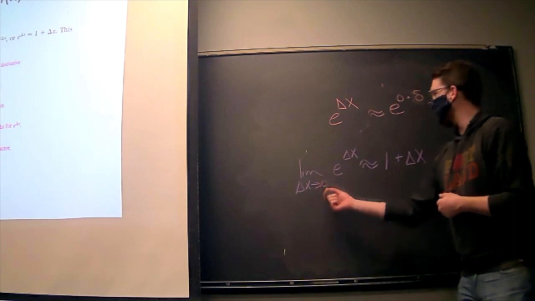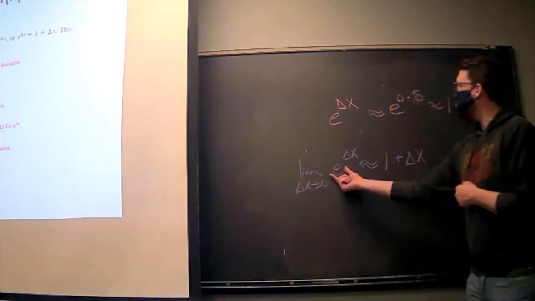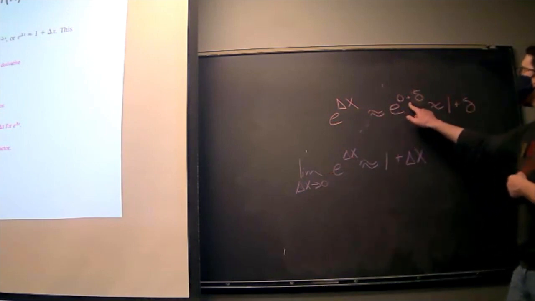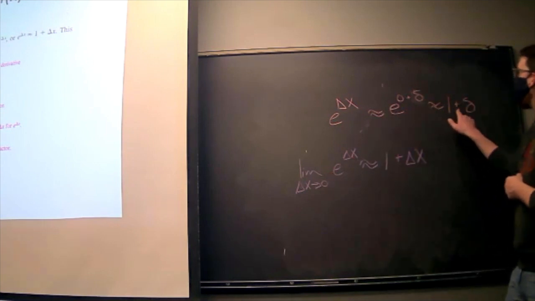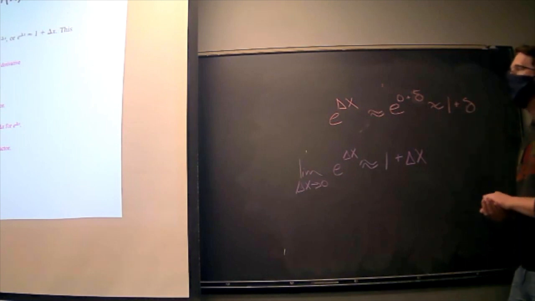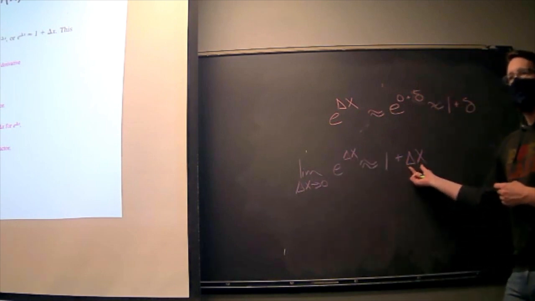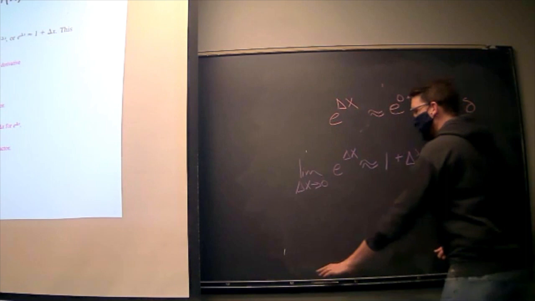It's going to approach it. When that happens, this e is going to get close to 1 plus something small, plus or minus something small. Well, delta x is something small, so why don't we just go ahead and call it that? Make sense? Cool.